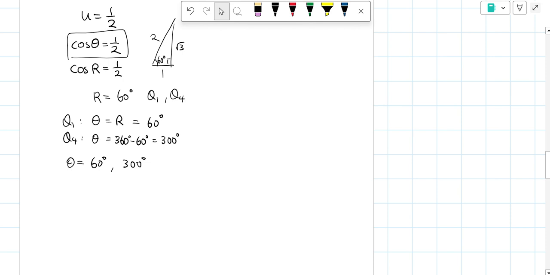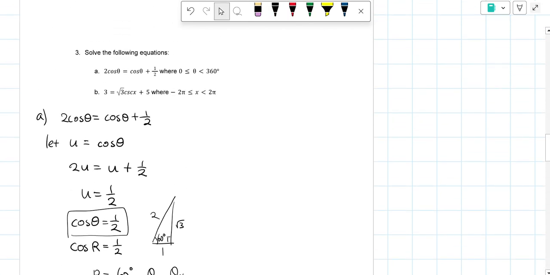Now I need to check the coterminal angles of these. The first one will be 60 degrees plus 360n, and the second one will be 300 plus 360n. However, the domain is restricted from 0 to 360 degrees, which means it's just one rotation.